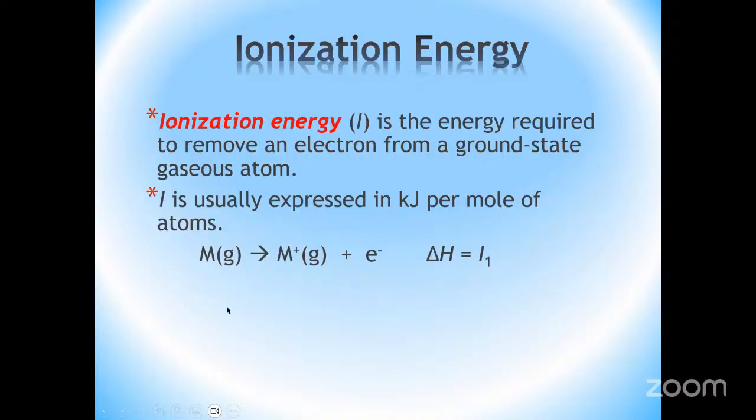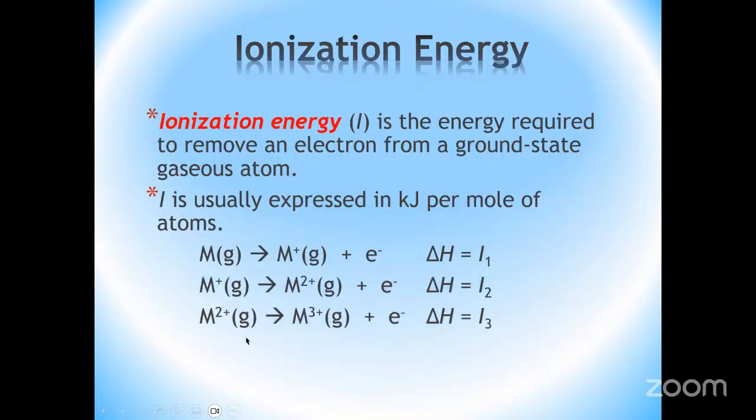And this is usually expressed as kilojoules per mole of atoms, right? Now, of course, you have atoms that have more than one electron, so you can remove one electron, and then another electron and so on. Each time you remove an electron, energy will be required. So that's why we have this term called first ionization energy, second ionization energy, and so on.